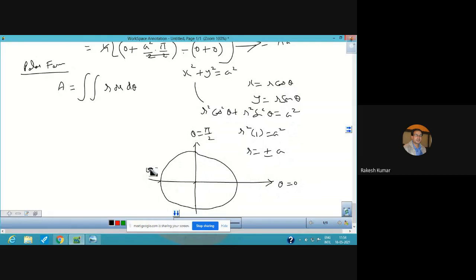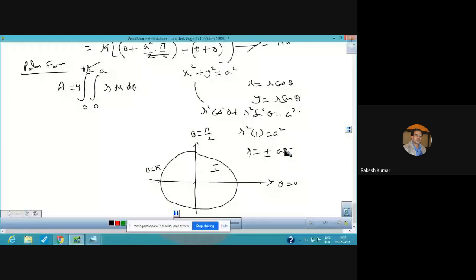Now we again actually want to find out the area in the first quadrant only, and we will take 4 times for finding out the total area. Now the limits of theta in the first quadrant are 0 to pi by 2, and the limits of r are 0 to positive a. Negative a cannot be taken because we are in the first quadrant.